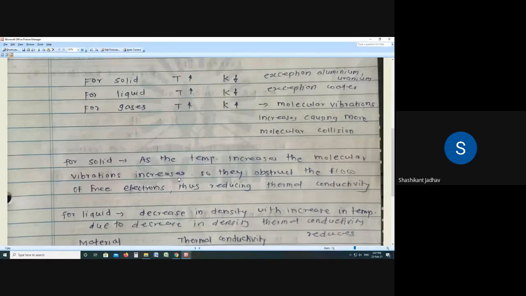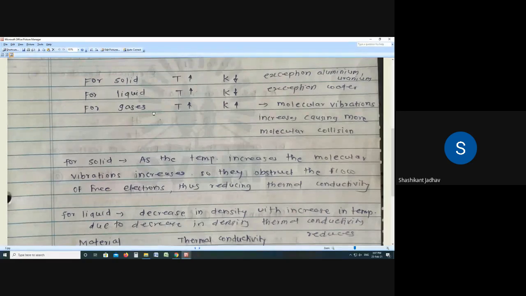The standard statement is that if temperature increases, thermal conductivity reduces, but there are exceptions, aluminum and uranium, for which this statement is not valid. So write down the exception: aluminum, uranium. Okay, this is about solids.